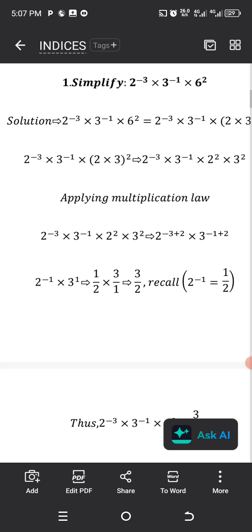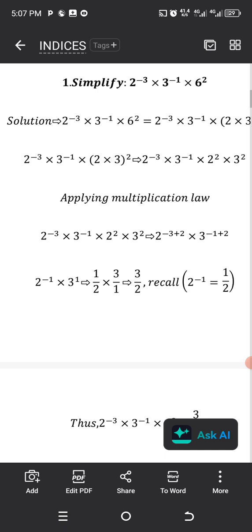Before you apply multiplication law, you need to collect the like base. You can see here we are having two different bases, which are 2 and 3. So you need to collect them together before applying multiplication law.